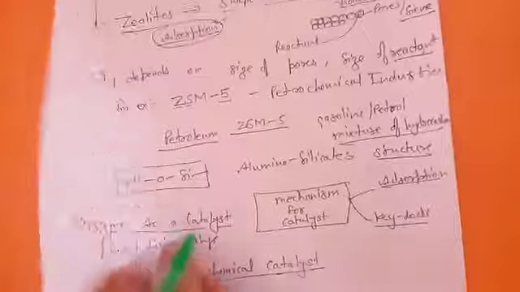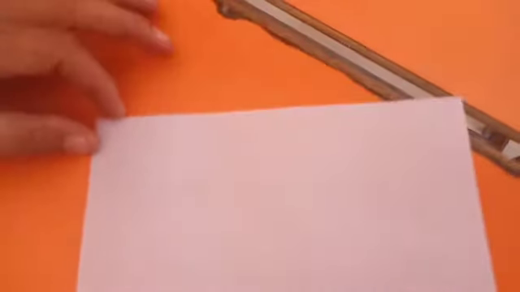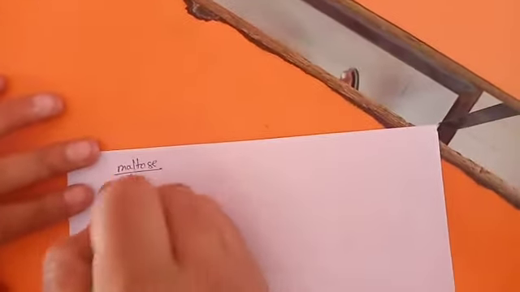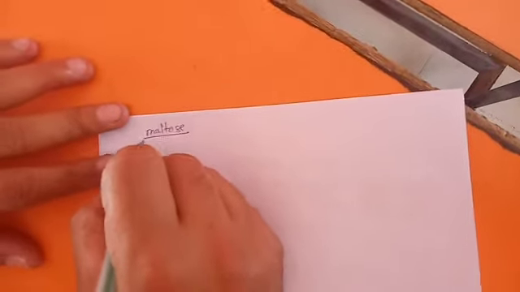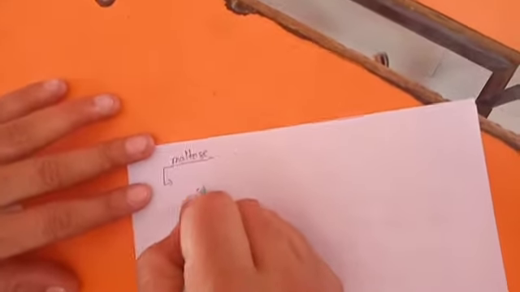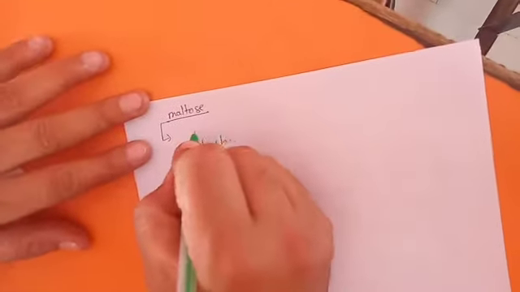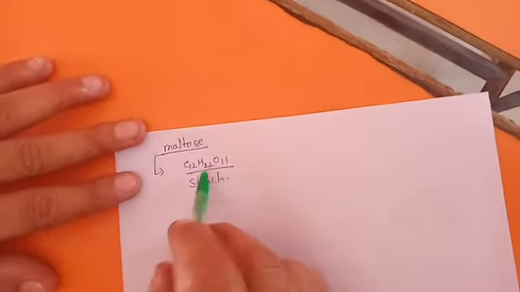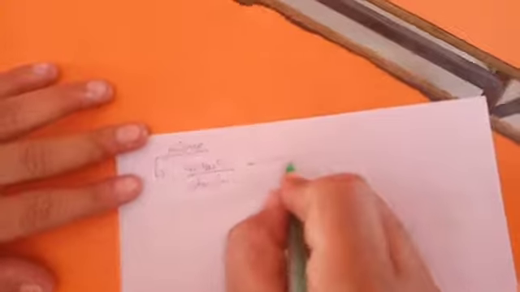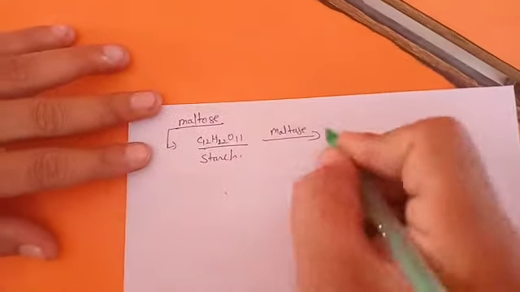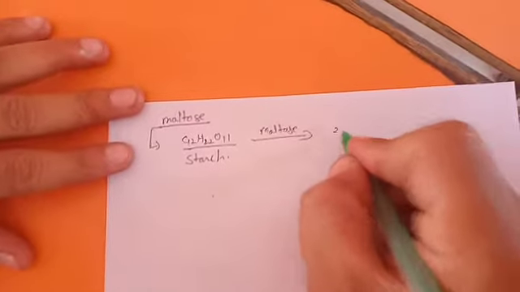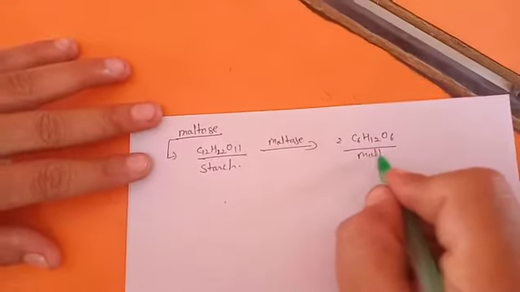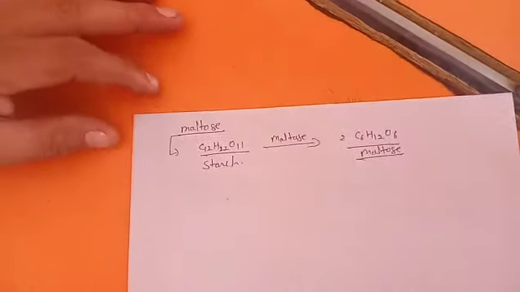Now if you talk about something else, like maltose, which you get from starch, that also has the formula C12H22O11, so we say their structure is different. When the maltase enzyme acts on it, it gets converted into two molecules of glucose.